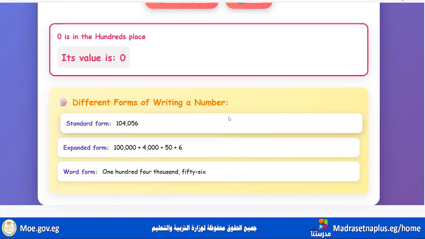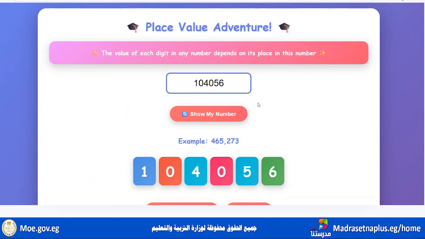Expanded, 1 is 100,000. 4 is 4,000. 5 is 50. 6 is 6. This is expanded form. You can write a number by any one of them: standard, expanded, or word. You can write a number as you want to check the value and the place value of each digit of it. Okay, let's finish it.